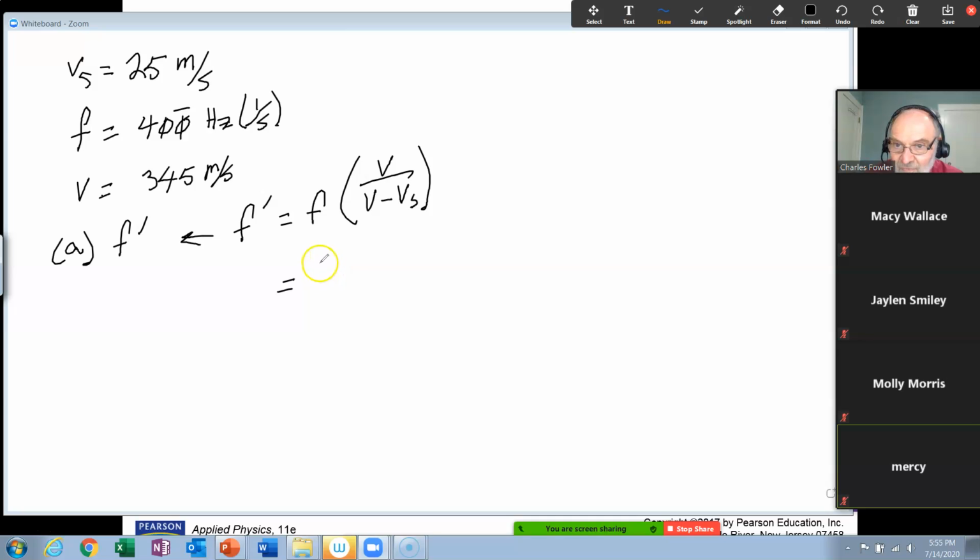The actual frequency is 400 hertz, times the velocity of sound at this temperature and stuff, 345 meters per second, divided by 345 meters per second minus 25 meters per second.